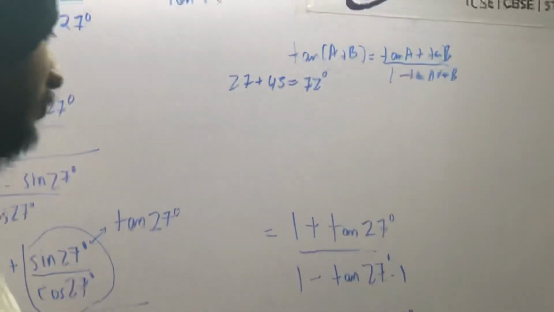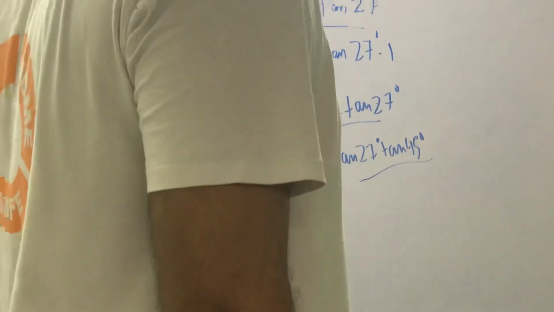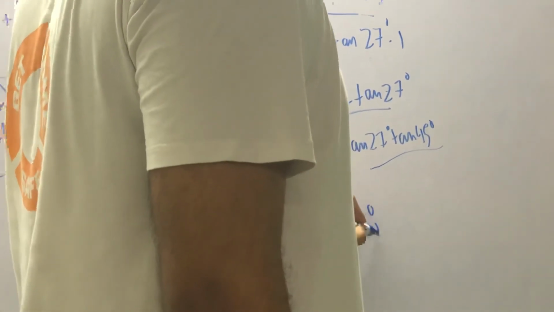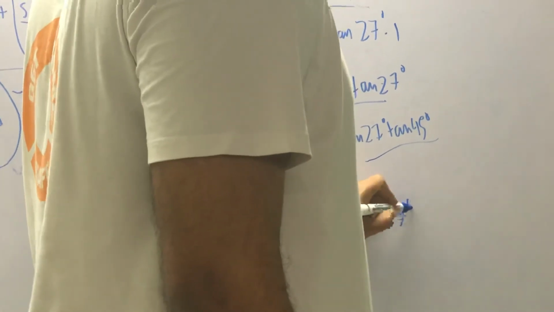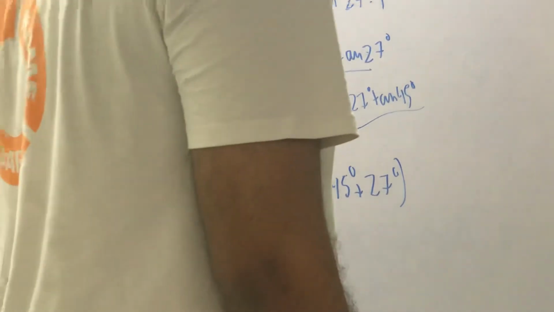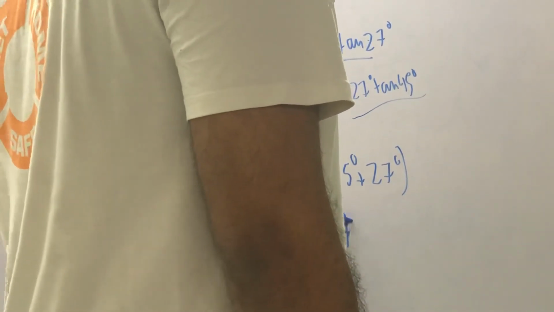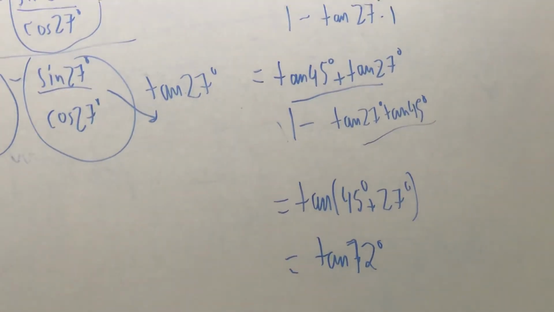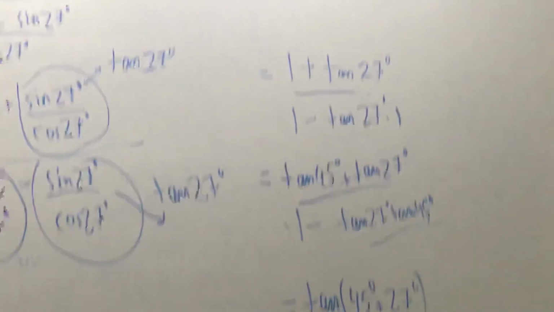Tan A plus B. So this will be equal to tan 45 plus 27, which is tan 72. Okay, so this is this question.